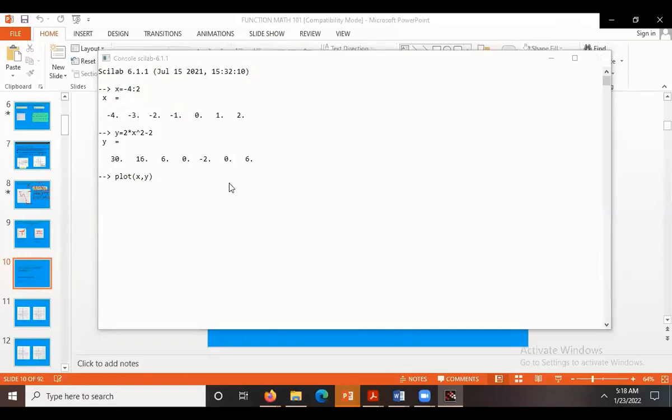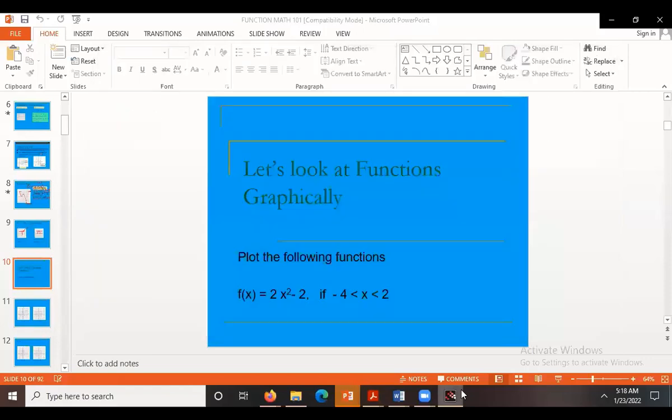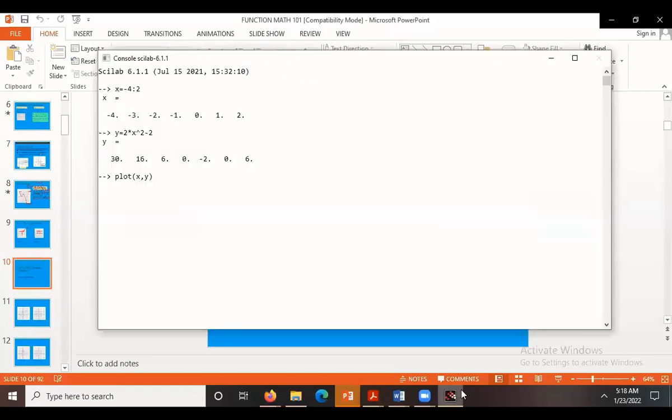Okay. We have plot x and y. Once you press enter, the command is initiated and the graph will show very soon. So that should give us, it's taking a while, but it will come.